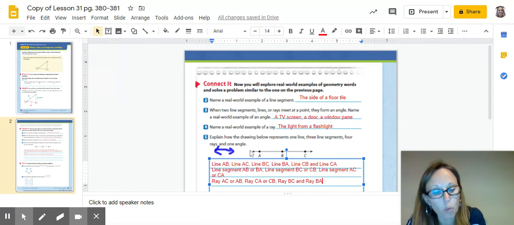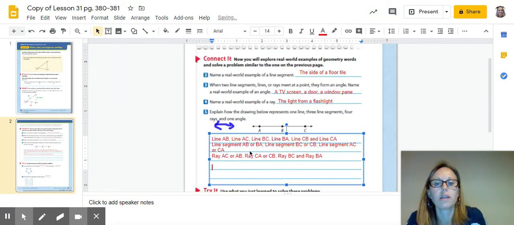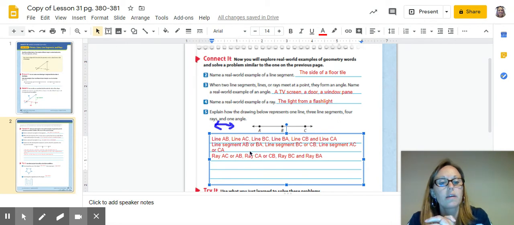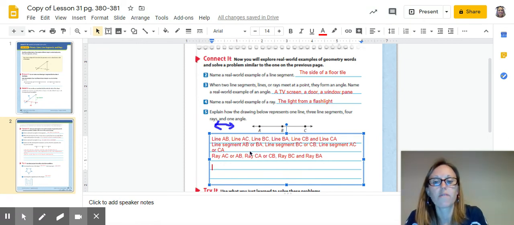And then we have one angle. Now, we all know that there is an angle that is 180 degrees, and it's called a straight angle or a straight line. So for this one, we have angle ABC, because that B is our center point, that's our vertex, or you could label it angle CBA.